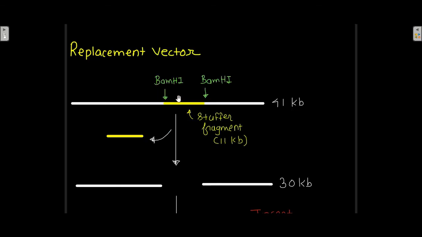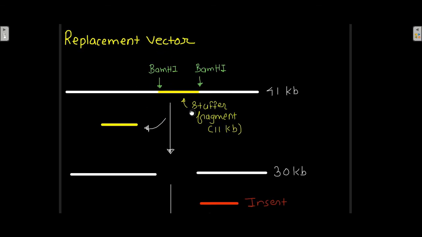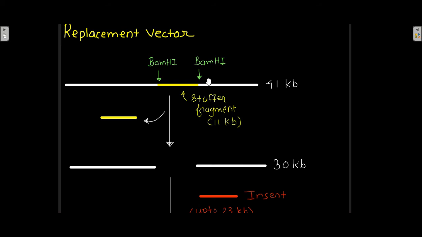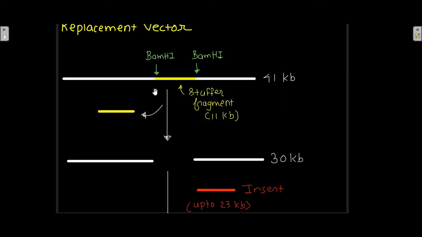Now this is how the replacement vector works. You have this lambda genome here, and in between there is this stuffer fragment which is not essential. Two identical restriction sites flank this stuffer fragment.